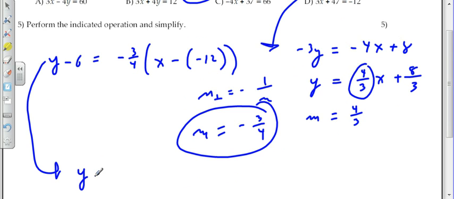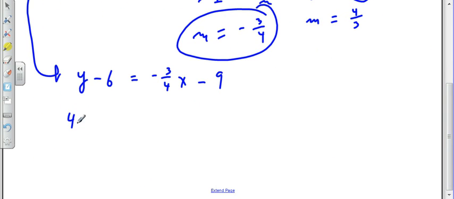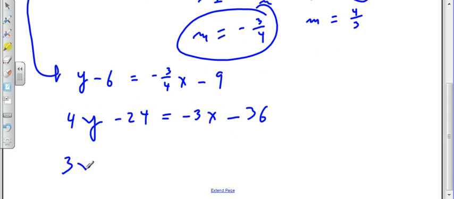So y minus 6 is equal to minus 3 over 4, x minus minus 12, 4 goes into there 3 times, minus 9. Okay, now we're going to multiply everything by 4. 4y minus 24 is equal to minus 3x minus 36. 3x plus 4y is equal to minus 12. Do we have one of those?